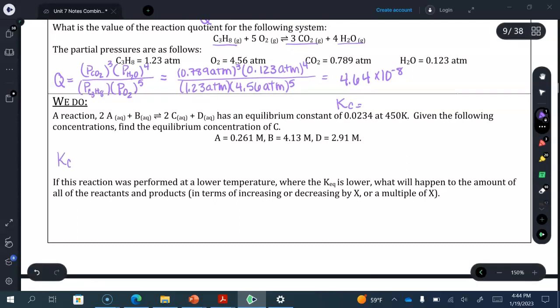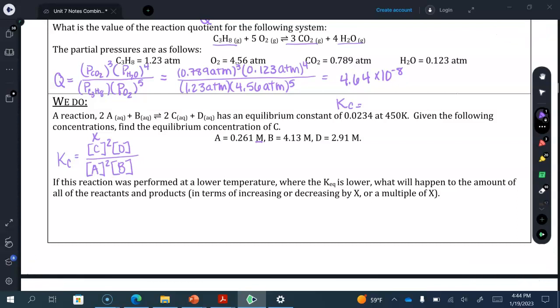So Kc is equal to our products, so the concentration of C squared, and we know it's square brackets for concentration because units are molarity, times the concentration of D, all over the concentration of A squared times the concentration of B. And so it says to solve for C, so C is going to be our X, or our unknown. So that's the one we're going to solve for.